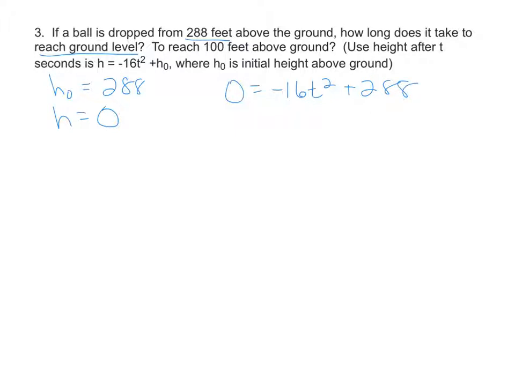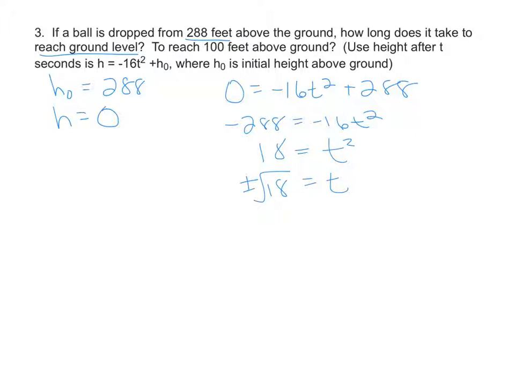Now you'll notice something about this quadratic equation. I have a t squared, but I don't have a t. So this is a perfect type of problem to use our square root property. I'm going to get the t squared by itself. I get t squared equals 18, so t equals plus or minus the square root of 18.